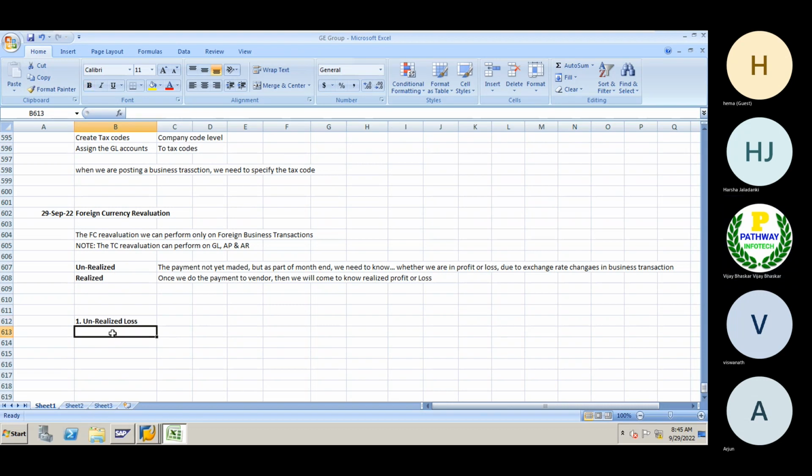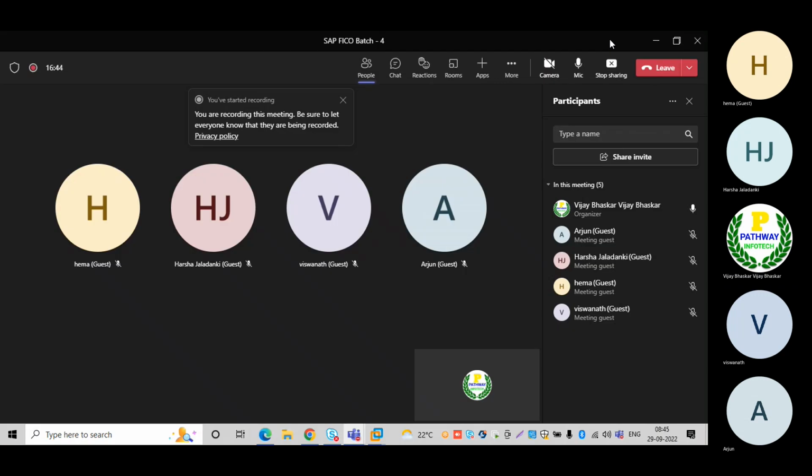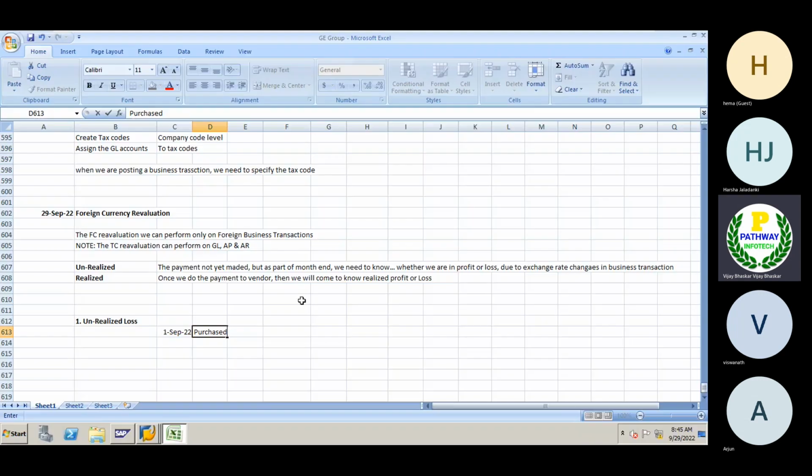I will give the example. We'll go for the unrealized loss example now. On 1st September 2022, I have done a purchase. The currency is Singapore dollars.